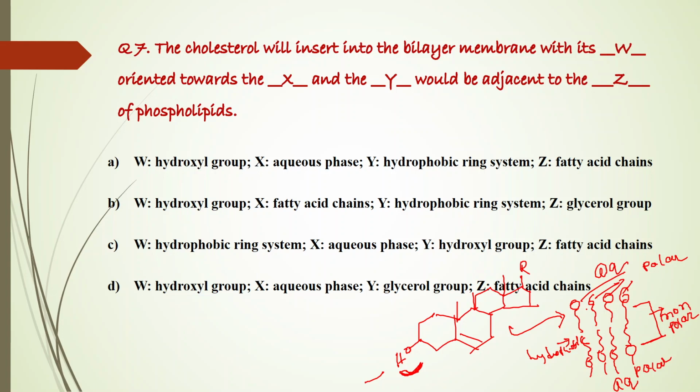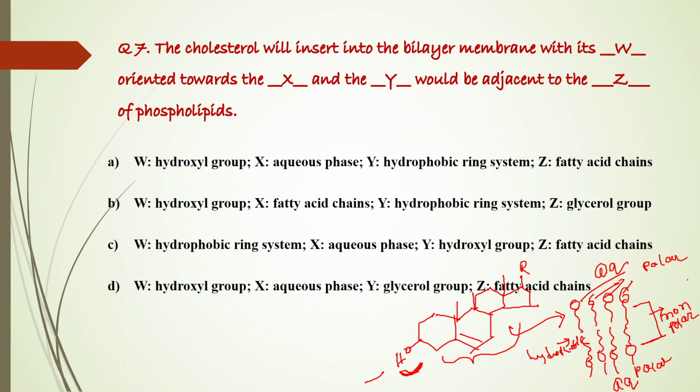So if you put cholesterol here, this OH moiety will orient itself towards the aqueous phase, which is polar, and its hydrophobic ring system, these fused ring parts, are fully hydrophobic, so they would try to remain adjacent to the fatty acid chains.